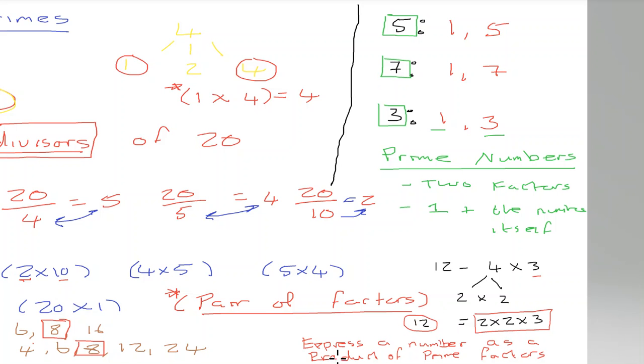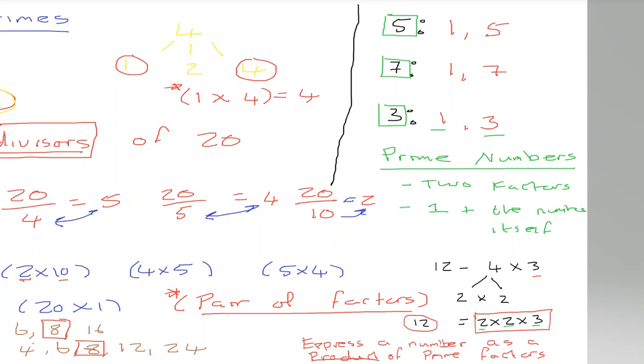Product means multiplied by, as a product of its prime factors, and that's what we have here. Each of these numbers, 2, 2, and 3, are prime numbers because the only factors they have are the number itself and 1. So this is a way where we can express a number as a product of its prime factors.